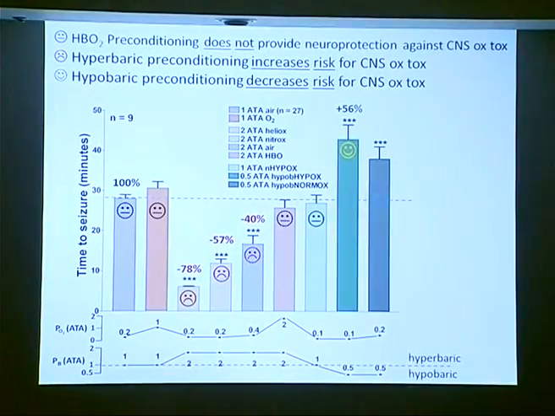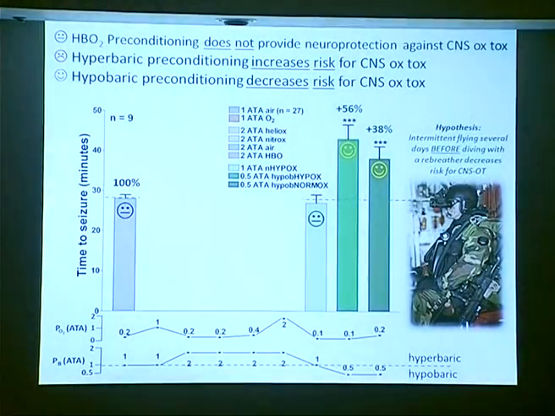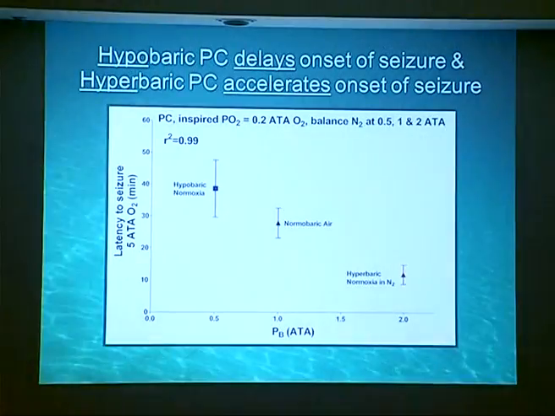So it's definitely a pressure effect. That's what we've got over here. So what we're seeing is high pressure preconditioning is actually increasing the risk for seizure, and flying before you dive is actually giving you some protection. So everyone knows you don't fly after you dive, but maybe flying before you dive is useful. And so we were quite excited by that.